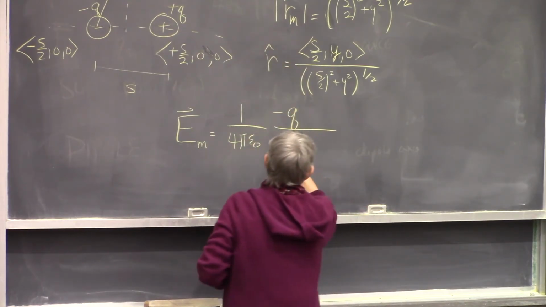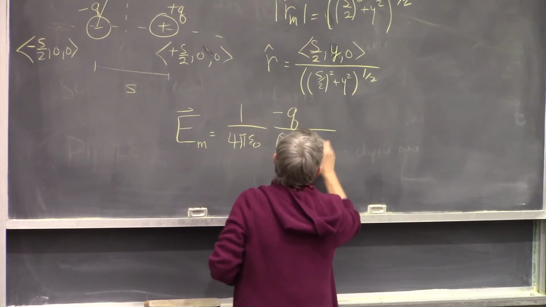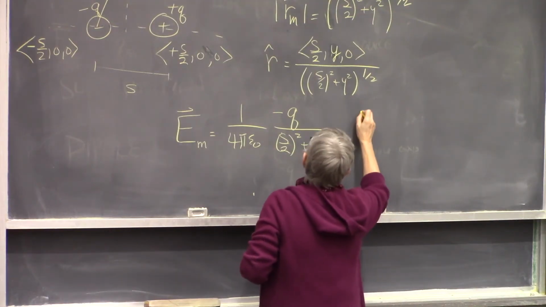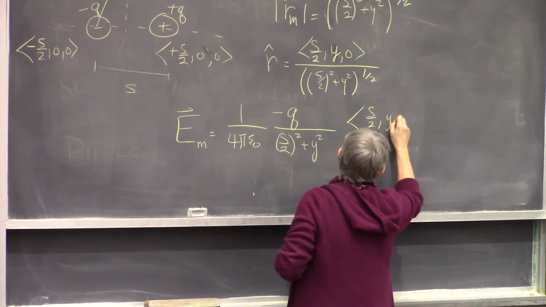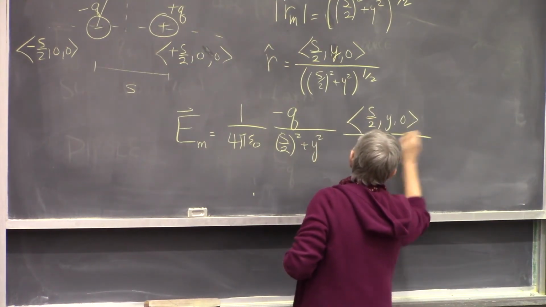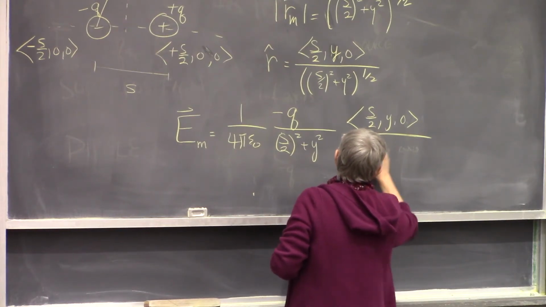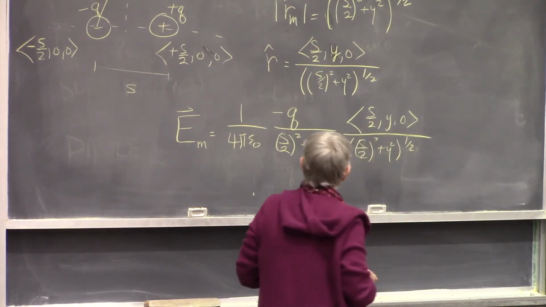So that gives us s over 2 squared plus y squared. Take the square root and square it. We multiply it by r hat and we get s over 2, y, 0 over s over 2 squared plus y squared to the 1/2.